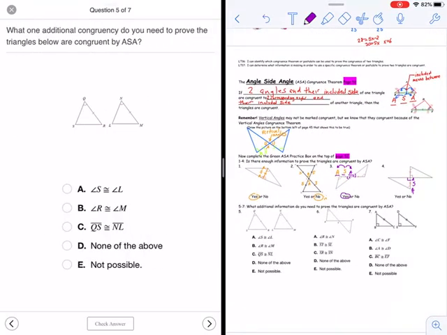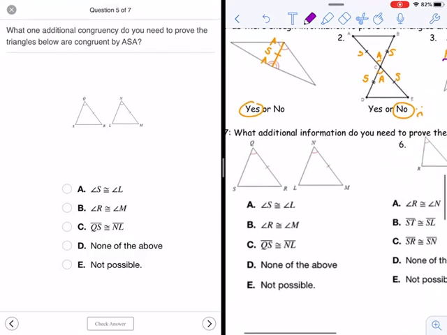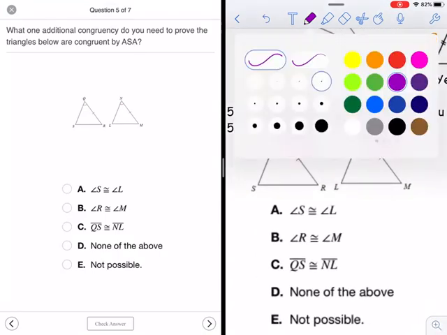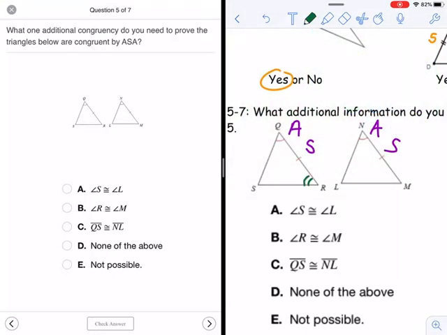And then 5 through 7 ask what additional information would we need to say that these triangles are congruent by angle, side, angle. Again, we have an angle, side, an angle, a side. We need one more piece of information, so we need R and M to be congruent right there. Sweet.